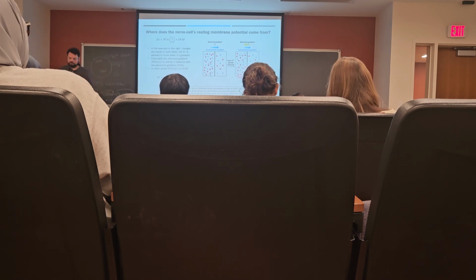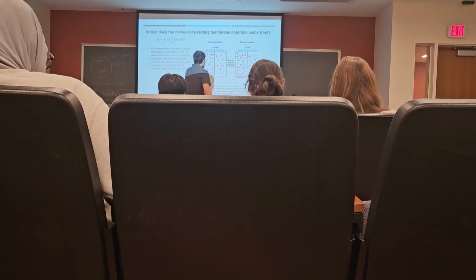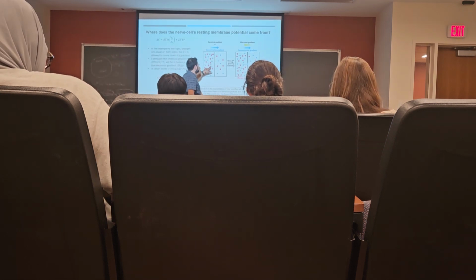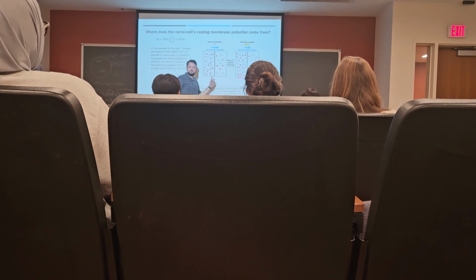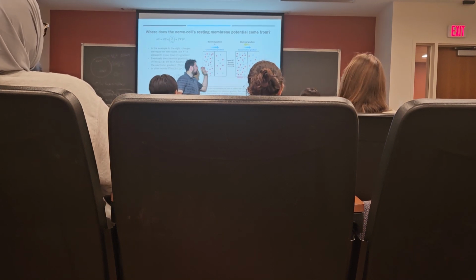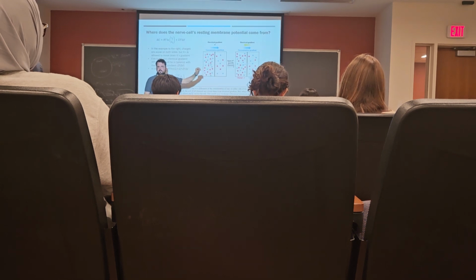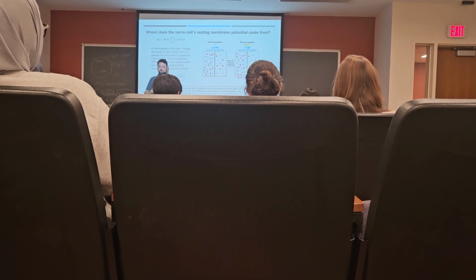And what does this mean? That means that in our initial state, there is an electrical potential difference between these two. And if we allow X plus to move through that barrier, we will generate a voltage, right? And what is that voltage?